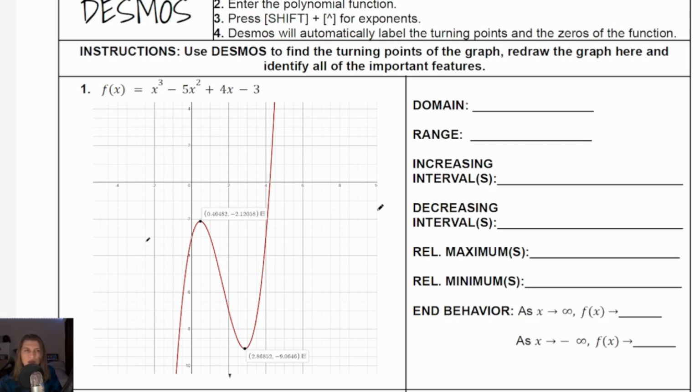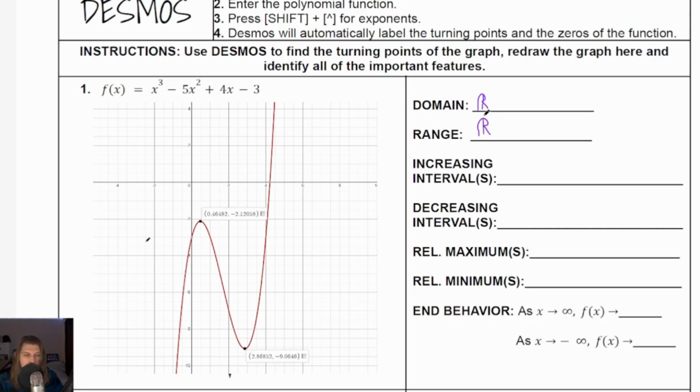Our domain goes to the left forever, and it also goes to the right forever. So our domain with this function is going to be all real numbers. If you remember, we have our special R symbol for that, which is all real numbers. And our range extends downwards forever, and it extends upwards forever. So our range is also all real numbers.